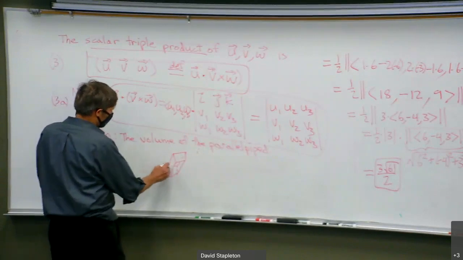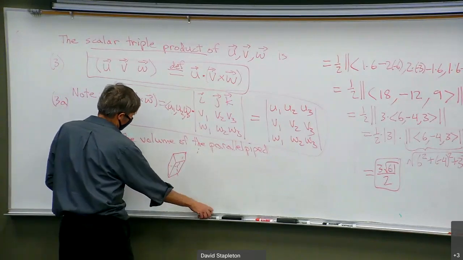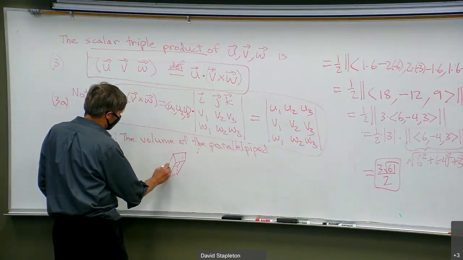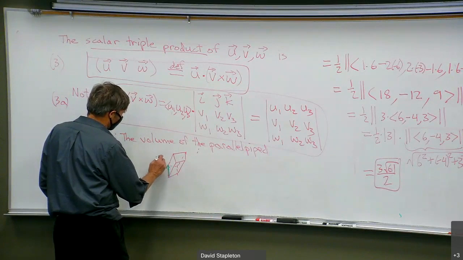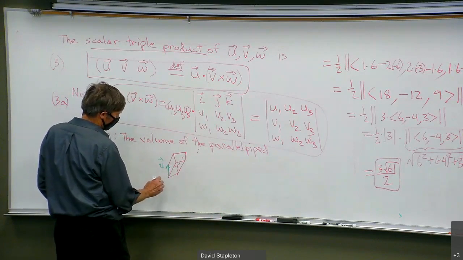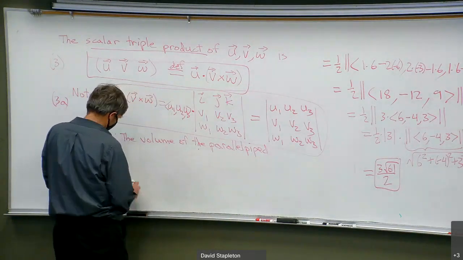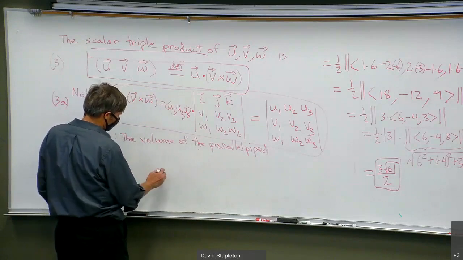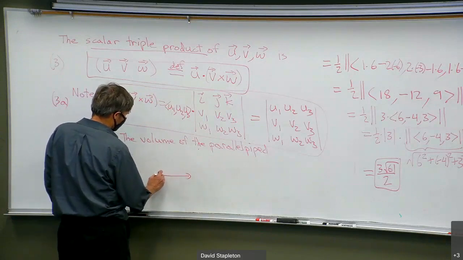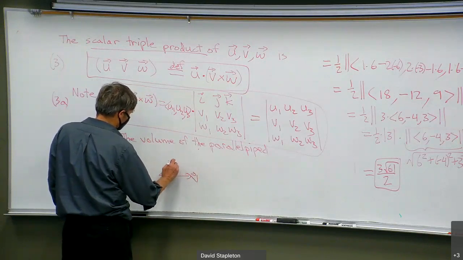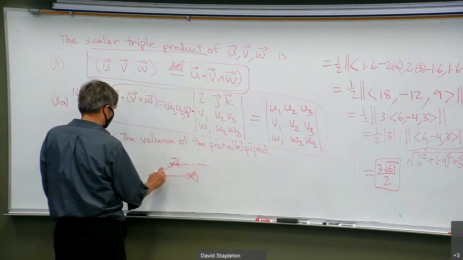And suppose that you determine the parallelepiped by picking three vectors emanating from the same point, much like what we did for the parallelogram in the plane. Now we'll do a parallelepiped in free space. Here's U. Here's V. Here's W. They form a parallelogram base.